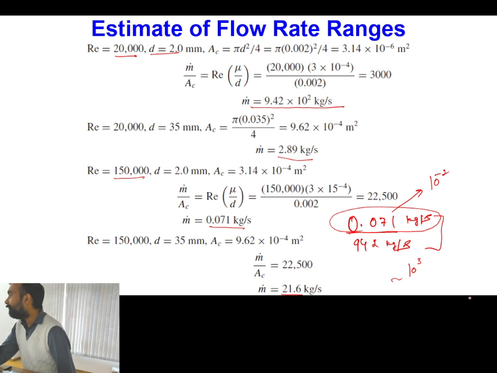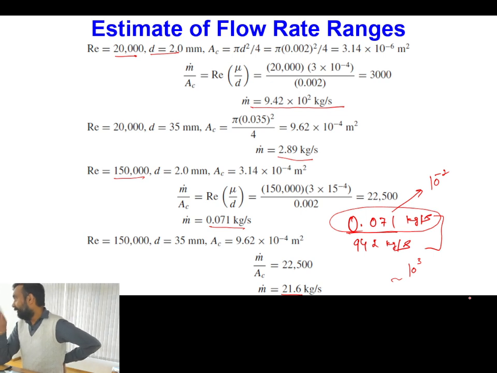And if that single diameter is matching with the well established theory, then we can simply use that theory for estimation of heat transfer coefficient in all other pipe diameters.